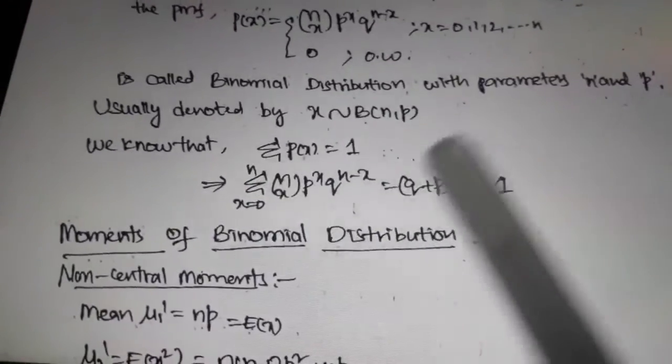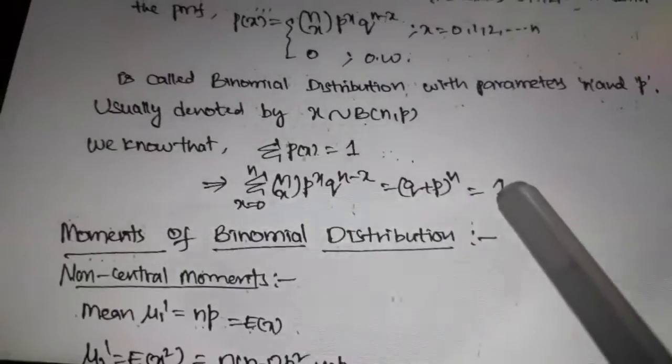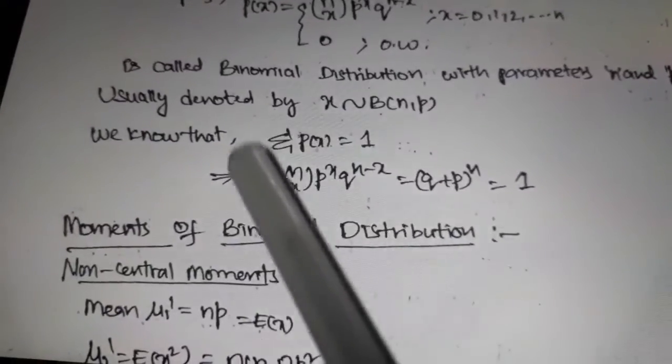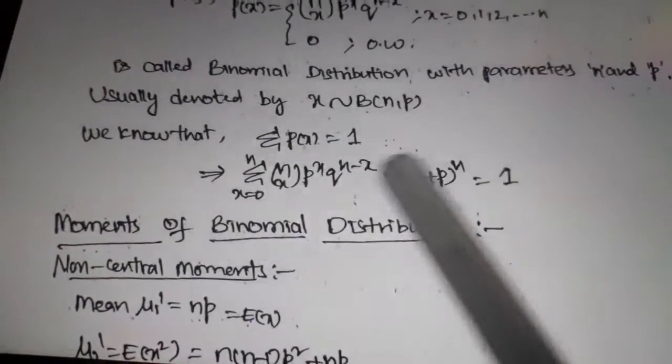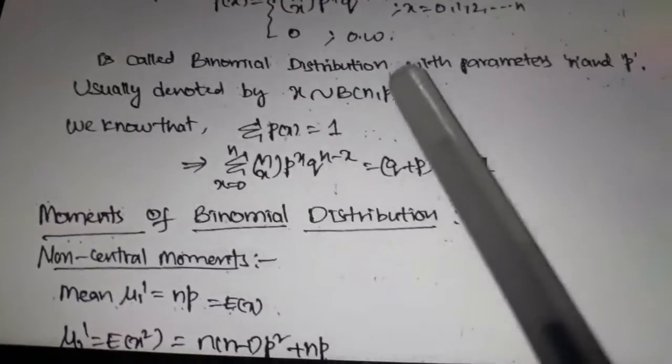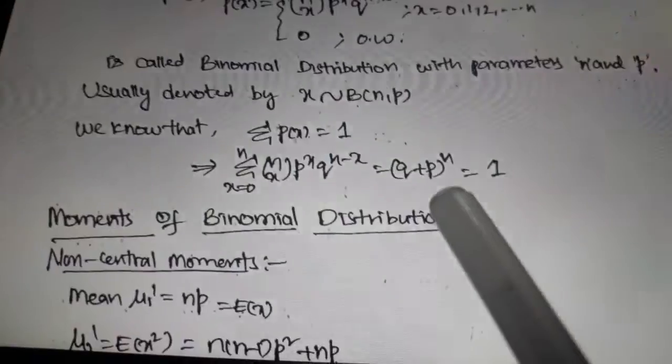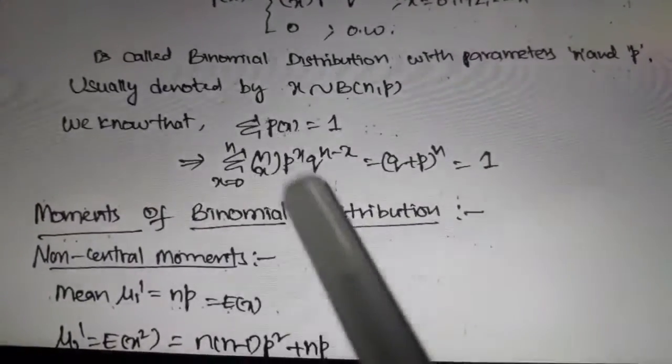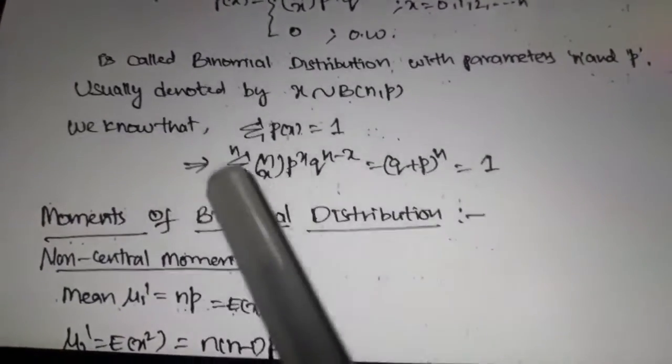So, summation P of x is 1. Sometimes instead of this q plus p whole power n, another term is considered in place of q and another term in place of p. This is the standard format for the binomial distribution.